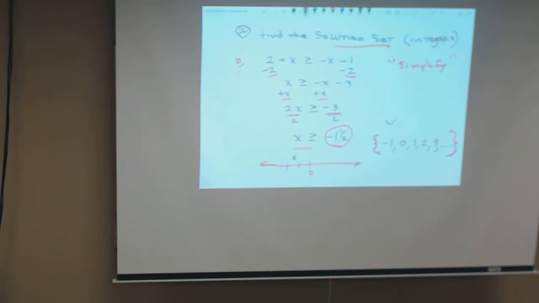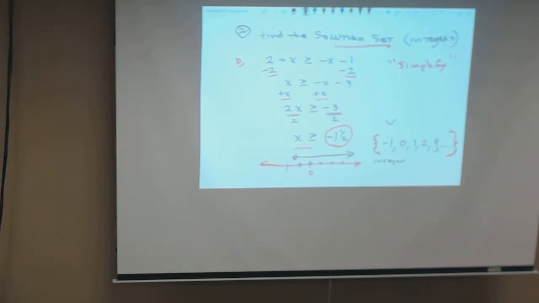No, that would be a circle. It has to be greater than negative 1.5, but I can't use all numbers. I can only use integers. So that would be this one, and this one, and this one, and this one, and this one, and dot, dot, dot. You follow me?